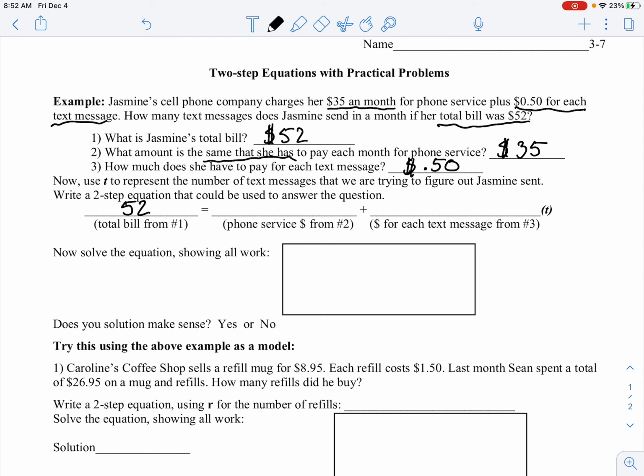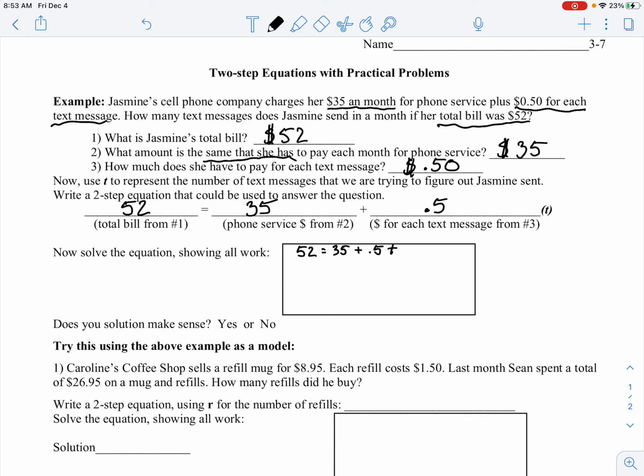The phone service, that was $35. And then the amount per text message was 50 cents times the number of text messages that she sends. So what we're doing is rewriting our equation down here. 52 equals 35 plus 0.5t.